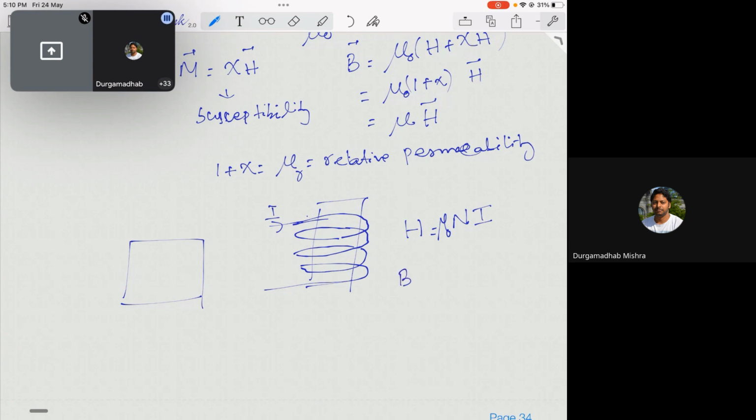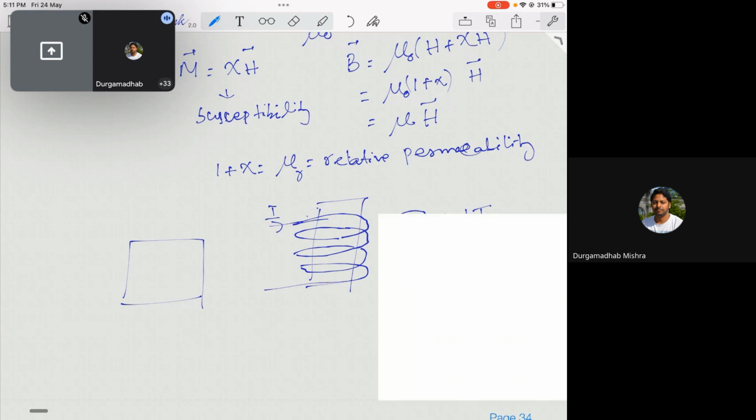But B will be mu naught H plus any magnetization that is induced due to this magnetic field H. So this external field can also induce a magnetization if there is a material.